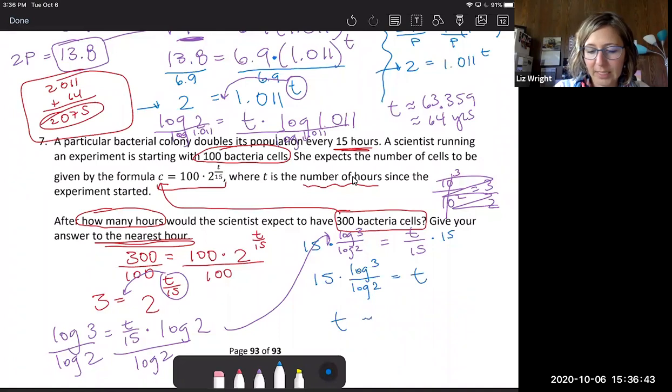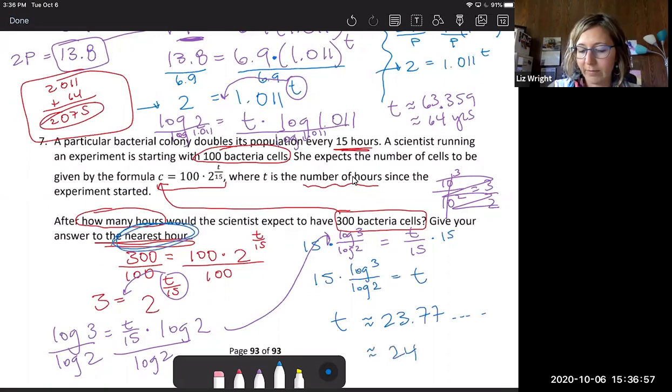So t is approximately 23.77, and that keeps going. And then again, we were asked to the nearest hour. So the nearest hour is approximately 24 hours.